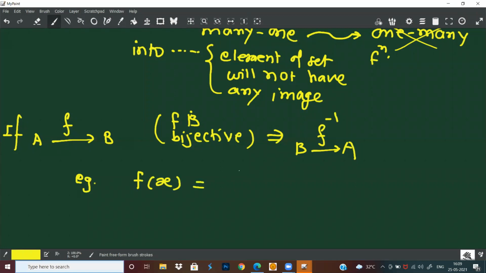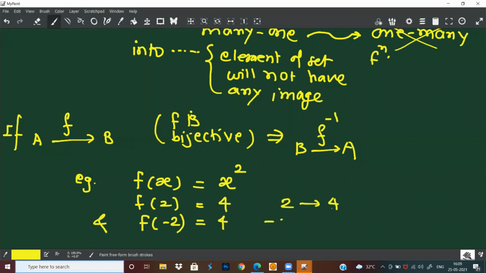If I write f of x is x squared, now what will be f of 2? 4. And what will be f of minus 2? Minus 2 ka square bhi 4. So 2 will go to 4, minus 2 will also go to 4.